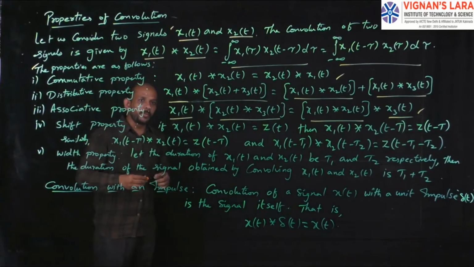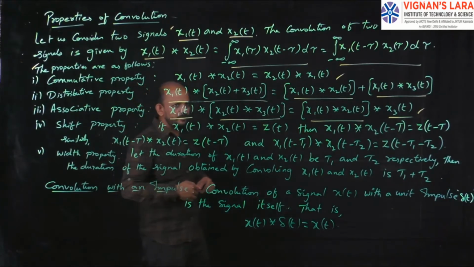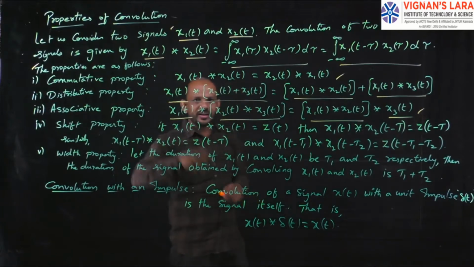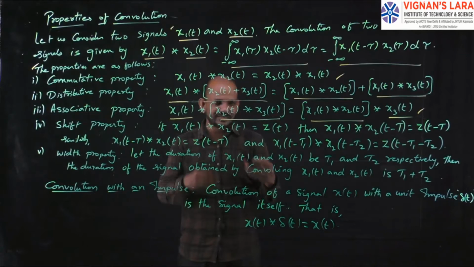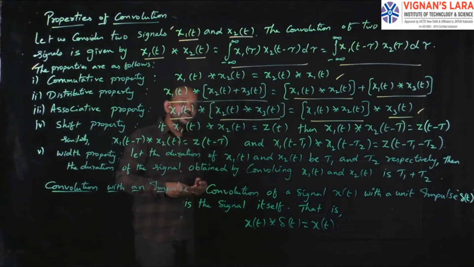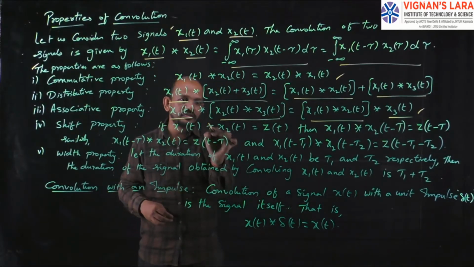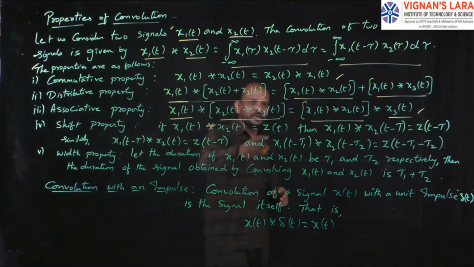And the next one, the shift property. Let us consider that x1 of t convolution x2 of t equals z of t.